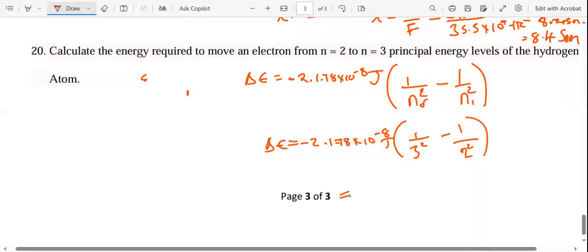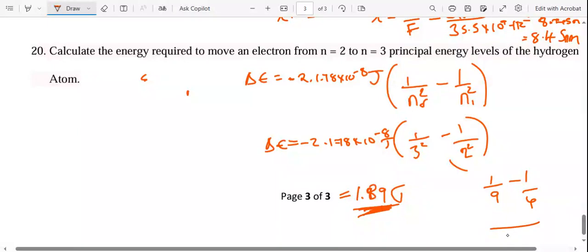When you punch that on your calculator, you find something like 1.89 joules. Just verify properly with the calculator, press it slowly, simplify this part slowly, then punch. You can simplify this part by saying we have 1 over 9 minus 1 over 4.